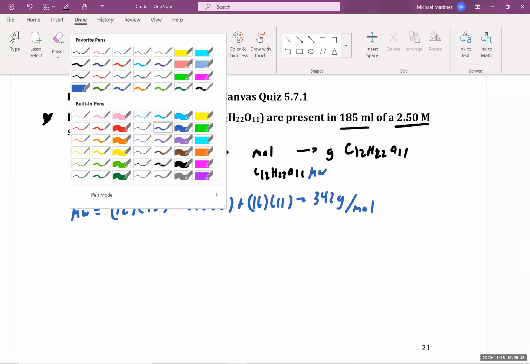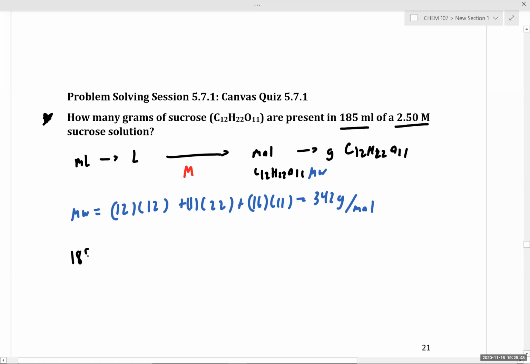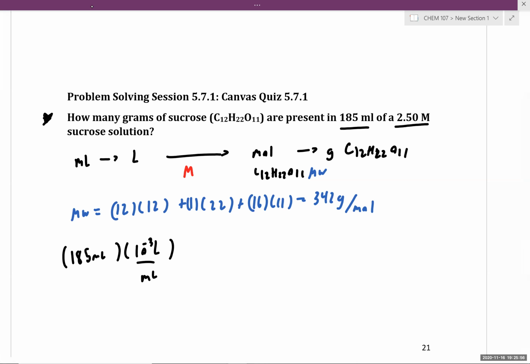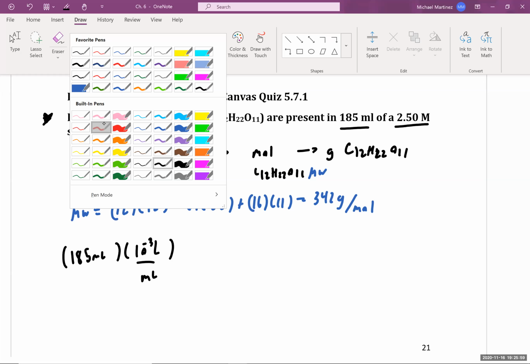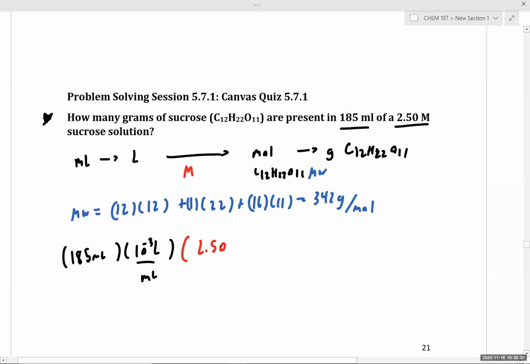Now we're ready to continue on with this. So if we have 185 milliliters, we know that we have 10 to the negative third liter per mL. For our molarity, we know that we have 2.50 moles of sucrose per liter. And then we know to get the mass, we have 342 grams per mole of sucrose.